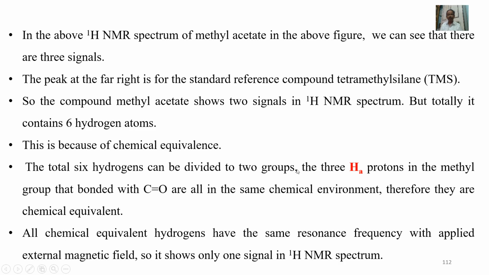The 3 Ha protons in the methyl group that is bonded with the carbonyl are all in the same chemical environment. Therefore, they are chemically equivalent. All chemically equivalent hydrogens have the same resonance frequency in the applied external magnetic field, so they show only one signal in the proton spectrum.